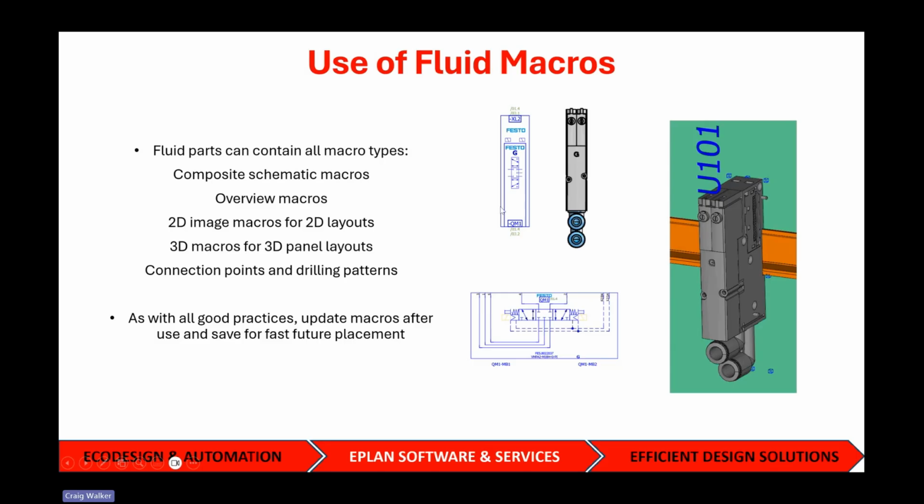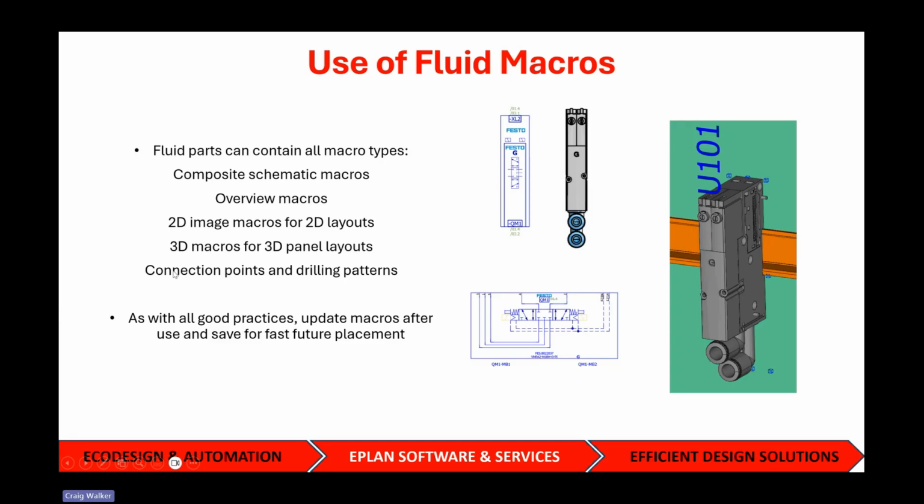It comes with both the overview, the schematic macro, which is down the bottom here, which is the connections and the control details. You can see the 2D layout macro, which is presented here. And then on the right-hand side here, you can see it comes through with a beautiful 3D macro as well and can just snap to DIN rail. And it's as easy to place as any other device 3D macro that comes with Eplan.